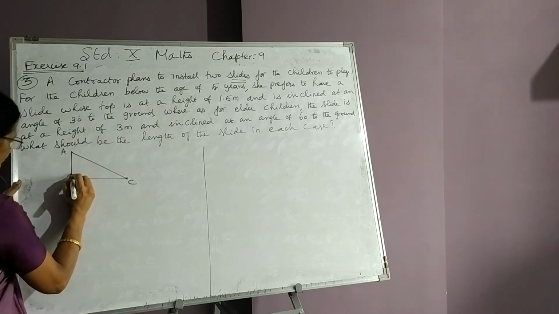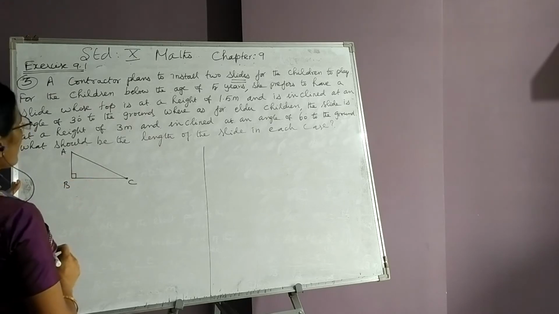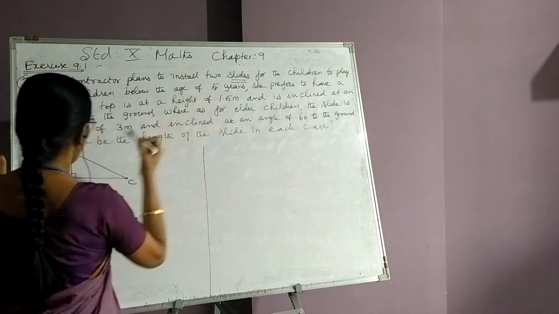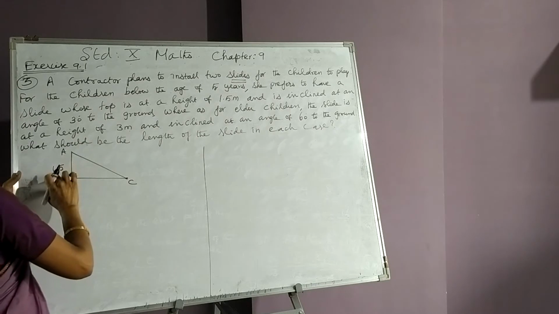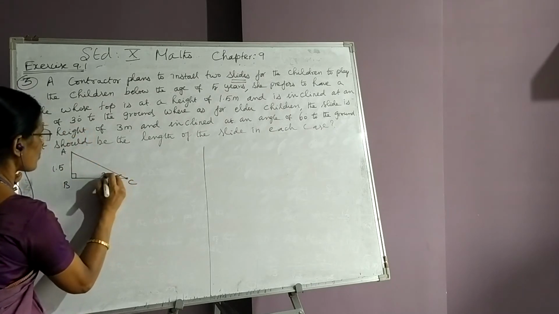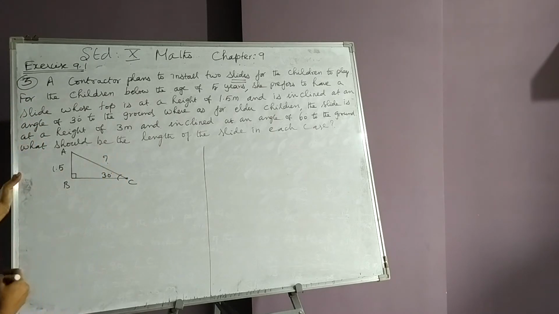2 slides are made. Therefore, let us draw 2 right angle triangles. ABC. It is angle B is 90 degree. The height is given in the first case. The height is given 1.5 meter. We know this is the vertical height, which is 1.5 meter. It is inclined at an angle of 30 degree. Therefore, C is 30 degree. We are asked to find out length of the first slide.